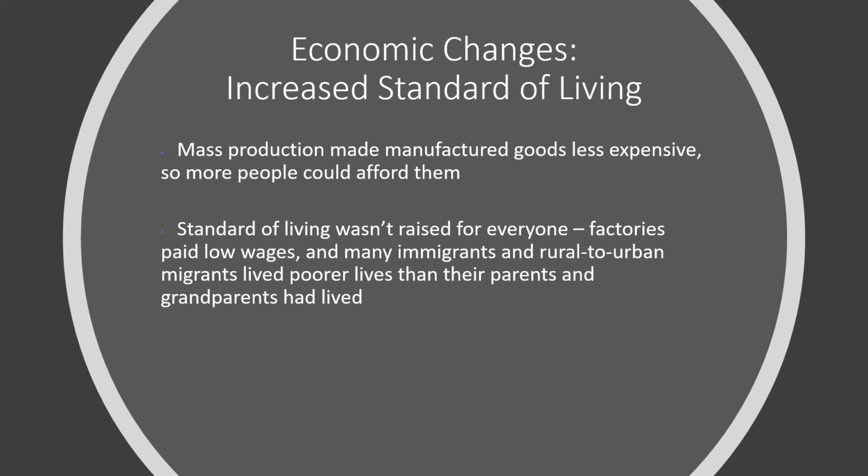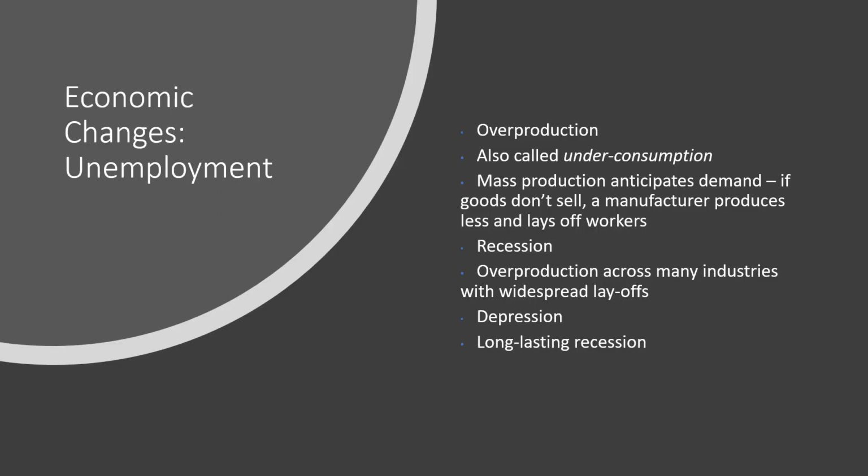Mass production made manufactured goods less expensive. People could afford them. Standard of living didn't rise for everyone, as factories had low wages, and many immigrants or those in the rural to urban migration lived poorer lives than what their parents had enjoyed. Once again, it's those same problems that prevail today.